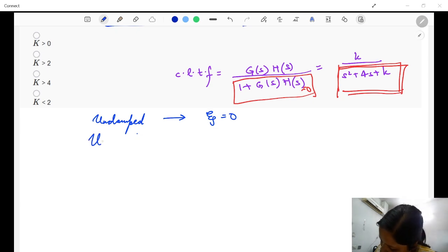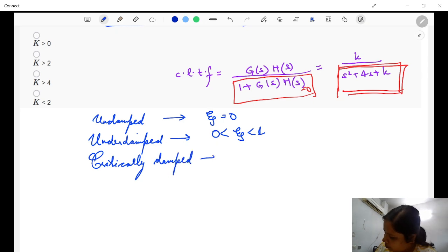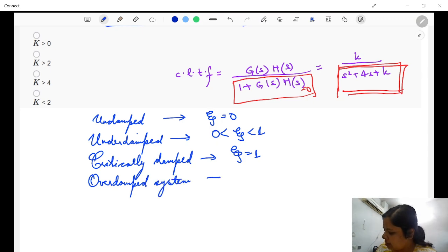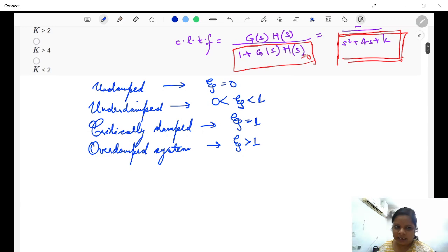Underdamped system, which has zeta in between 0 and 1. Critically damped system, where zeta is equal to 1. Overdamped system, where zeta is greater than 1. We also saw the graphs in the earlier lectures.